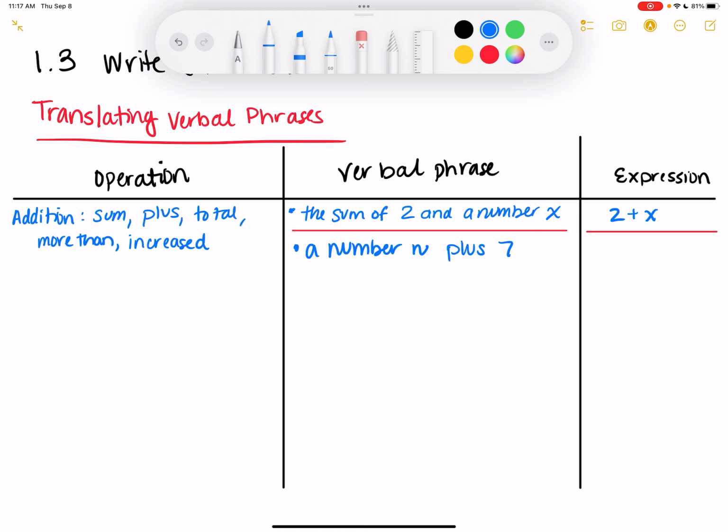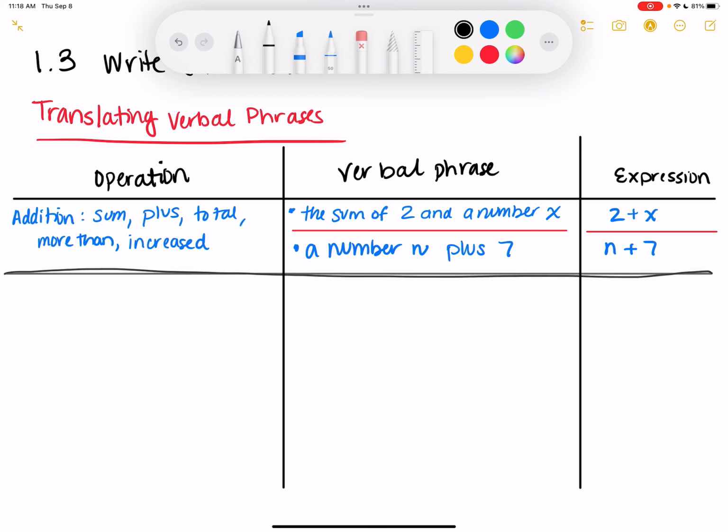So if you see that, that means something like n plus 7, actually written out like that. So those are some key phrases to look for if we're talking about addition. It just means to add them together.